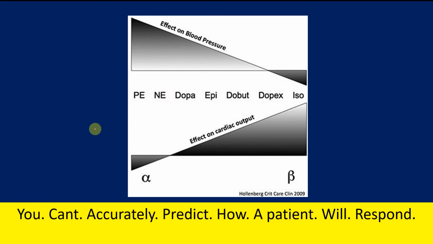That doesn't mean that that patient is going to respond immediately or respond the way that we expect, with an increase in the cardiac output or an effect on the blood pressure. The same holds true for epi. It's also true that some patients respond to epi better than norepi, and some patients respond better to norepi than epi. Sometimes you just don't know until you actually challenge the patient and see how they respond.